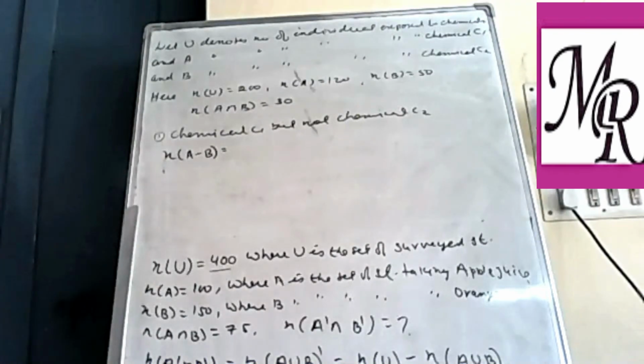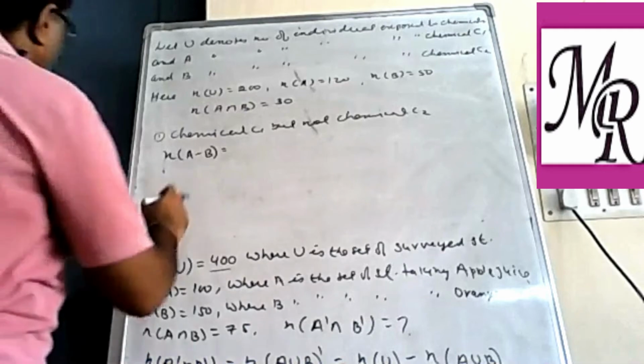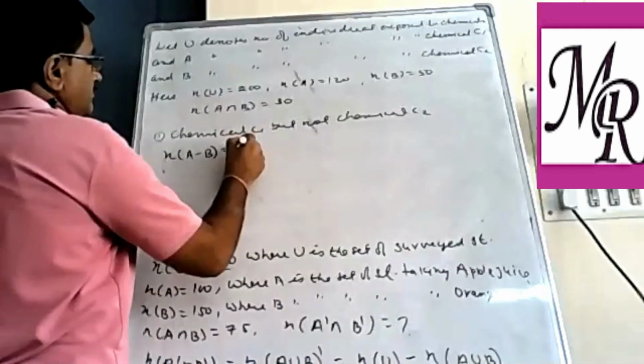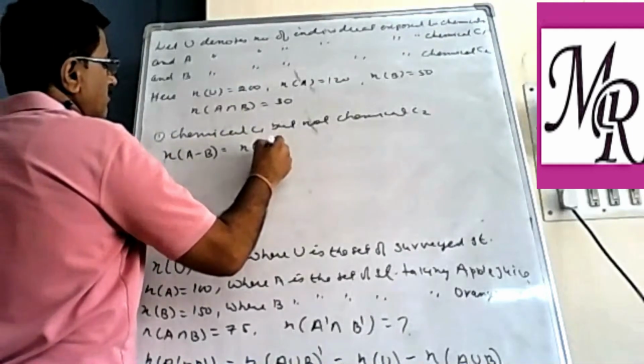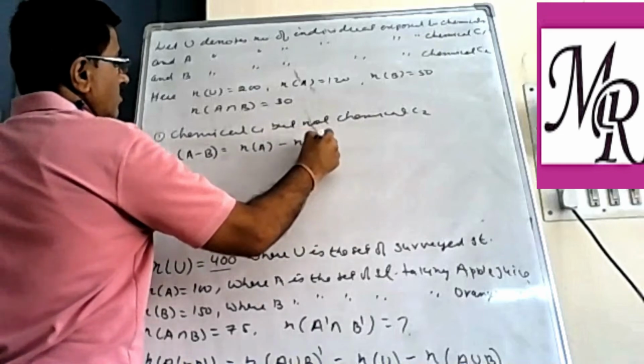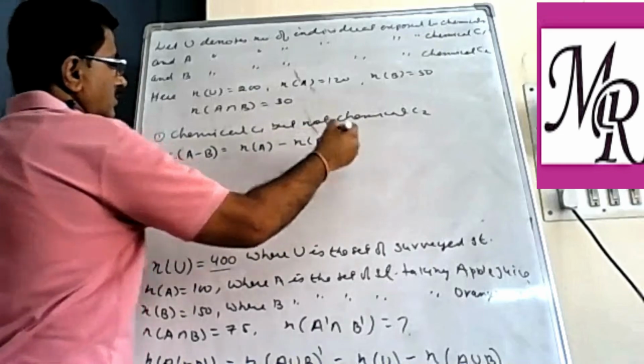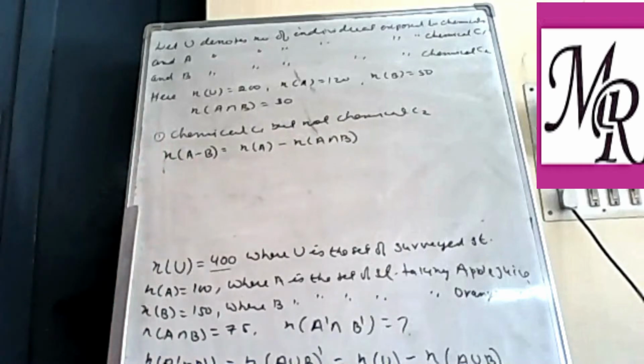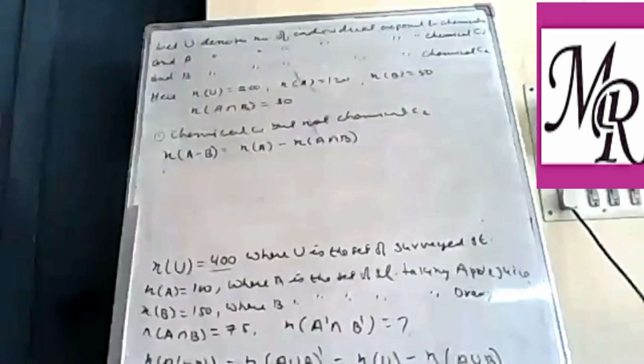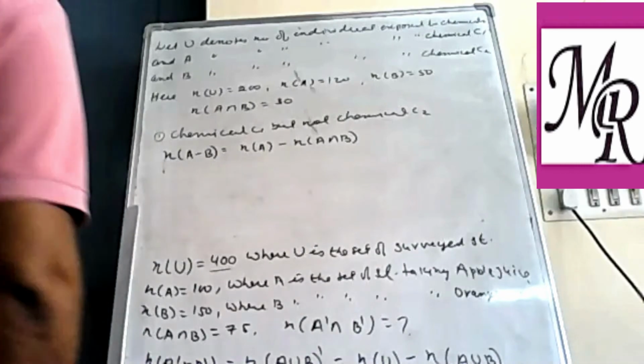तो इसका फॉर्मूला मैंने पहले दिया था, नंबर ऑफ एलिमेंट इन ए माइनस कॉमन टू बोथ, एन ए डिफरेंस बी इक्वल टू एन ए माइनस एन ए इंटरसेक्शन बी.